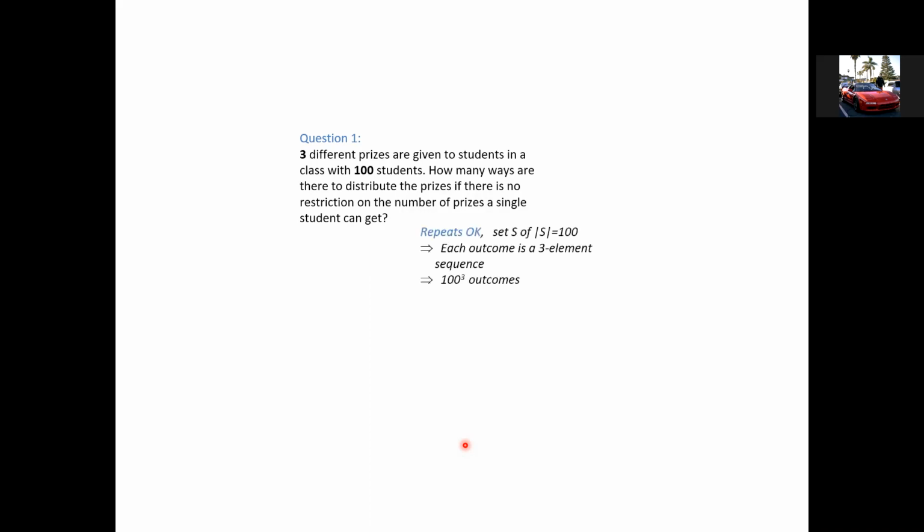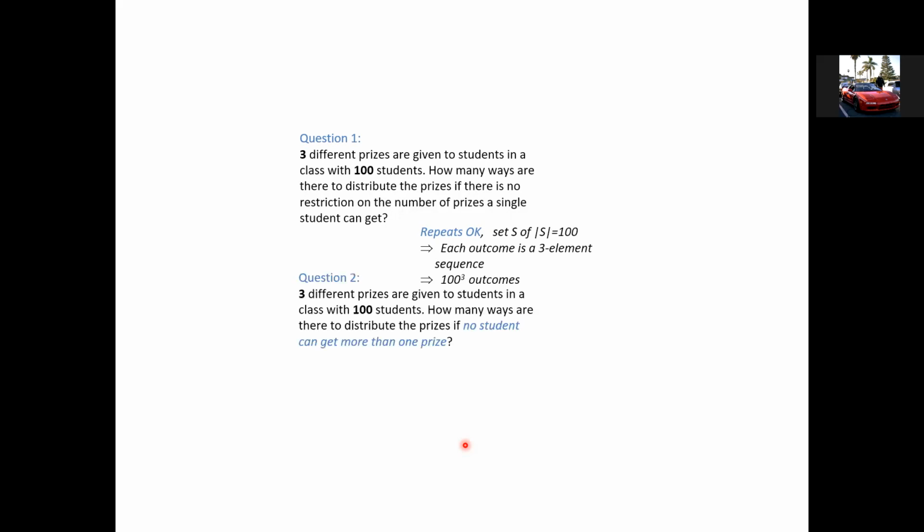Yes, it's 100 to the third, exactly, because it's a 3-element sequence with 100 choices for each character, right? And now let's say you put this restriction, that no student gets the same prize. So it's now restricted, the alphabet is going to decrease with every choice. It's the 3-permutation out of a 100-element set.